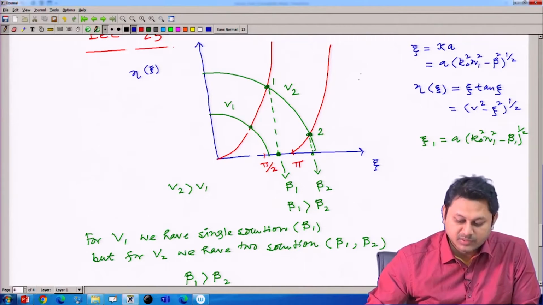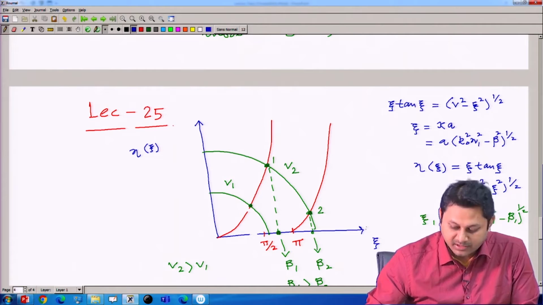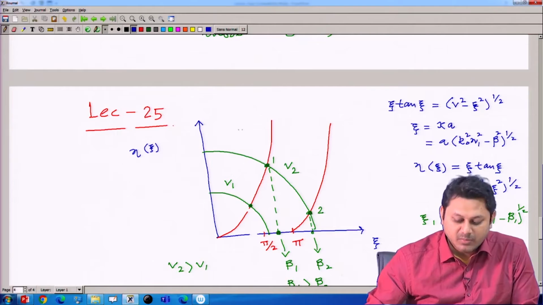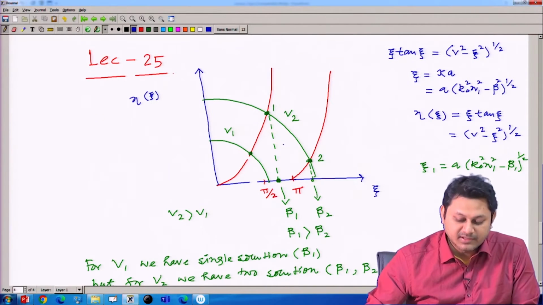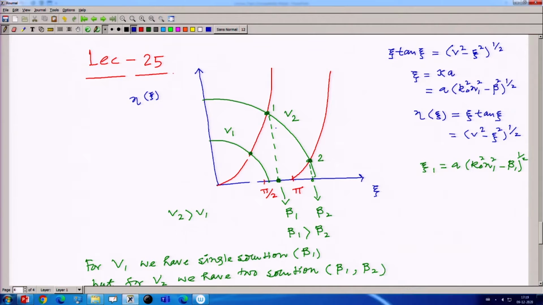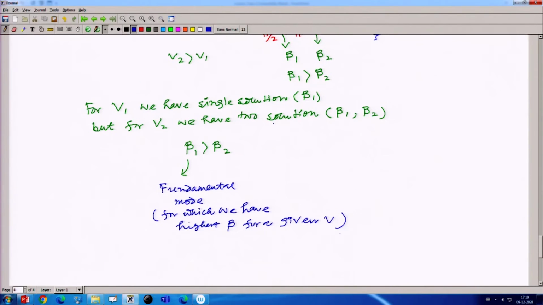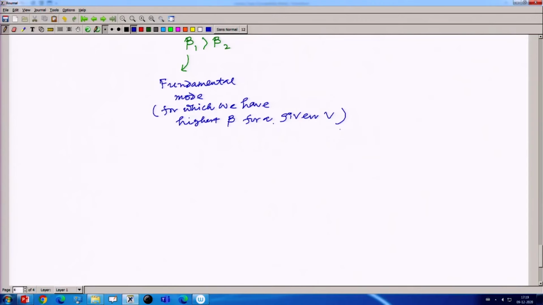This curve, which corresponds to xi tan xi, will continuously change, and we have another branch here and so on. If I keep on increasing the value of V, by increasing this amplitude or this radius, V is basically the radius of these circles, then I should have more cutting points. Every cutting point gives one beta, and for the highest beta we have the fundamental mode, that is all.